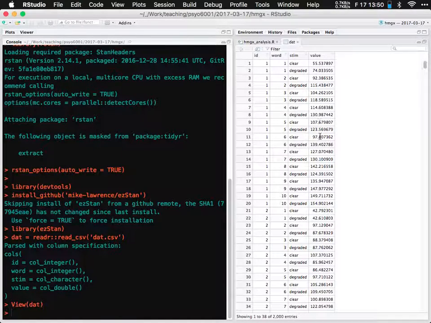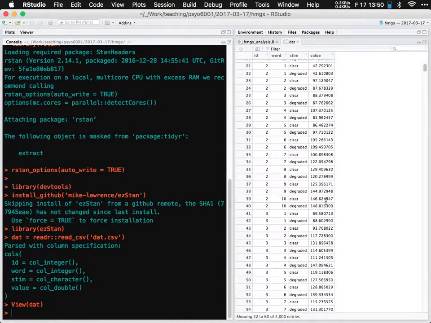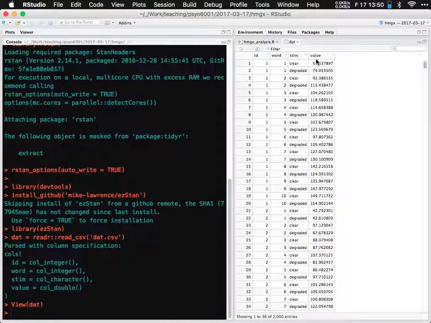Maybe I've got a different kind of clock. Reaction times for that sort of thing are typically in the 200 to 300 millisecond range, whereas these are all around 100-ish. In any event, for each word, we've got 1 observation from the person when it appears as clear, and 1 observation from the person when it appears as degraded.